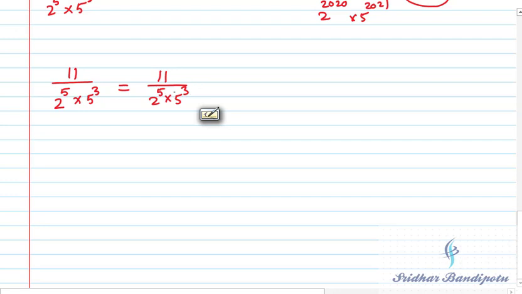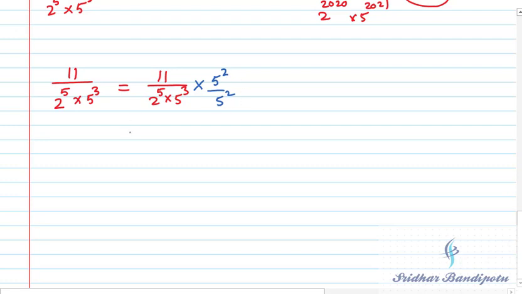So I want equal exponents. If I want equal exponents, then I should multiply with a fraction, that is 5 square by 5 square. Already 2 is having highest power 5 comparing with 3. 3 power should be increased to 5, so 2 more 5s should be multiplied. So I am taking the fraction 5 square by 5 square.